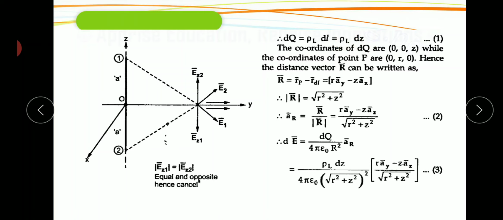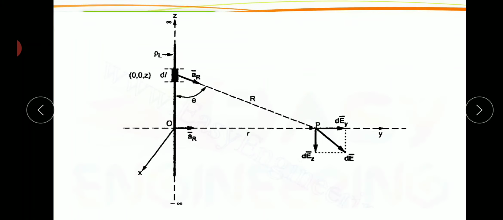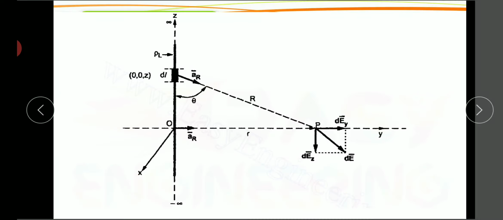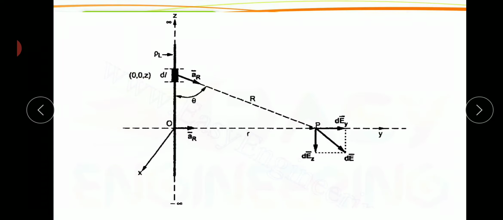Now first of all we have to find the coordinates of dq and the coordinates of the point P. Here this is the dq charge position and this is the position of P. So the dq is only lying along z axis, that means it has no coordinates on x axis and y axis, it has only coordinate along z axis.